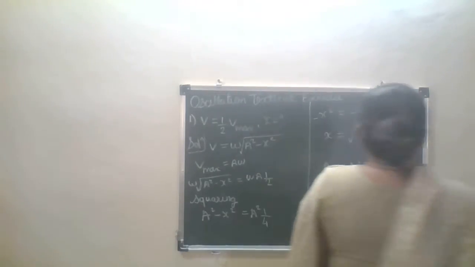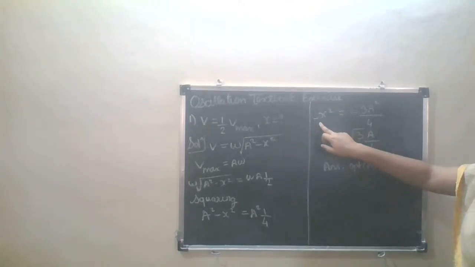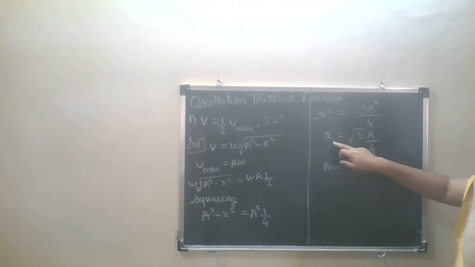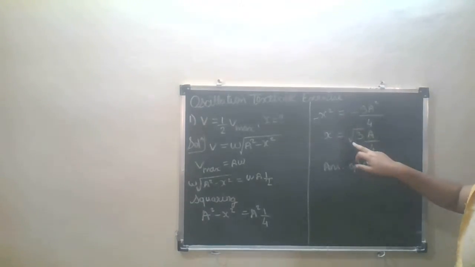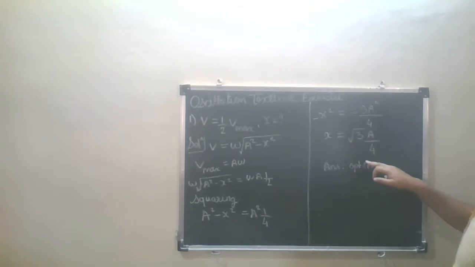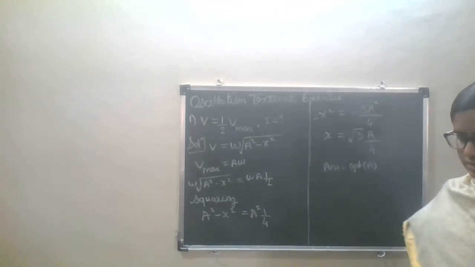Then we take minus x square to this side and a square to the other side, so it will be minus 3 a square upon 4, and the minus is cancelled, so x is equal to root 3 a upon 2. So option A is the answer of the first question.